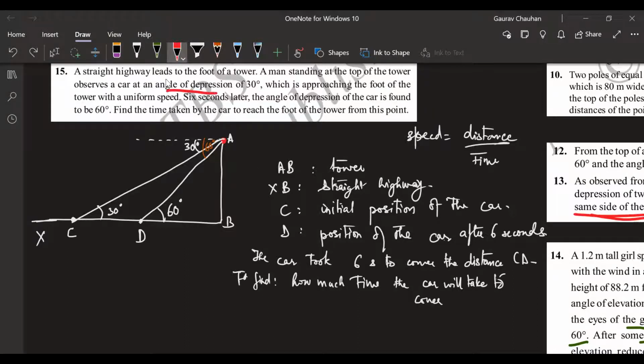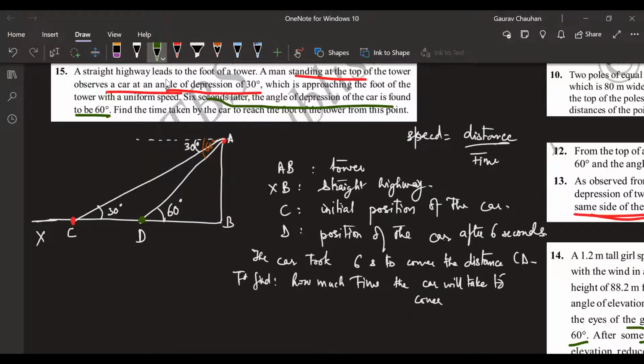So when I read angle of depression of 30 degrees, so far, the red part, I am here, which is approaching the foot of the tower at a uniform speed. Okay, 6 seconds later, the angle of depression of the car is found to be 60 degrees. Where has the car reached? The car has reached D. Okay, this is 6 seconds later.